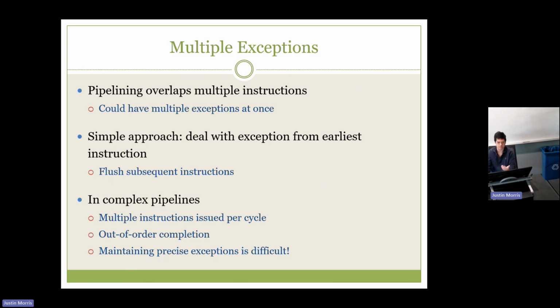What was ahead of it? What was behind it? And recovering all of that, making sure you flush the correct instructions, becomes more difficult. And it's because of this that exception and interrupt handling is often on the critical path, because this is very complex to figure out in hardware.